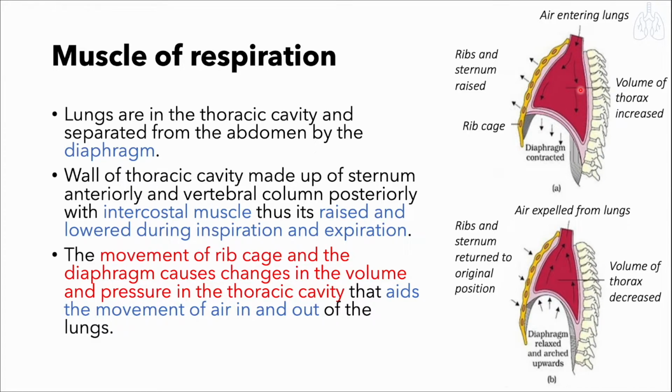But during inhalation, the diaphragm starts to contract and the external intercostal muscles start to contract as well. We call these the inspiratory muscles. Then they expand the chest. Once the chest expands, the volume increases, thus the air will enter into the lungs.